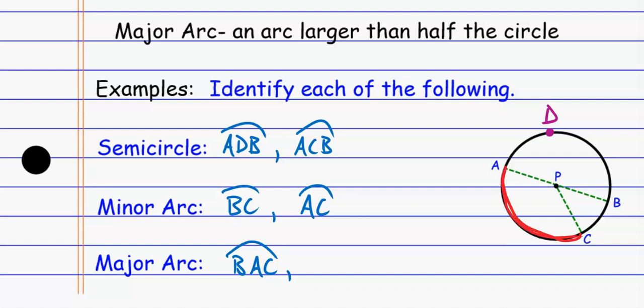If I wanted the longer arc going around from A all the way to C, I would have to use three points, something like ABC. So again, very similar. This is almost like a combination of how we label segments and how we label angles. If you think of those two things merging together, that's where this notation comes from.